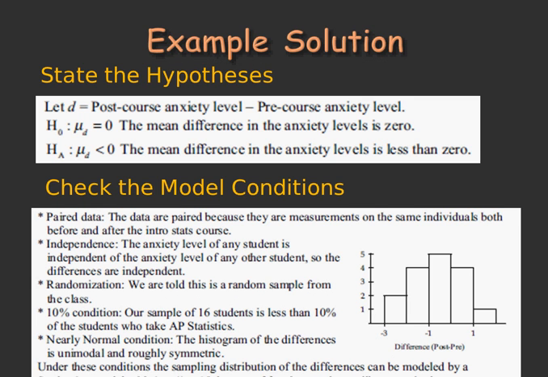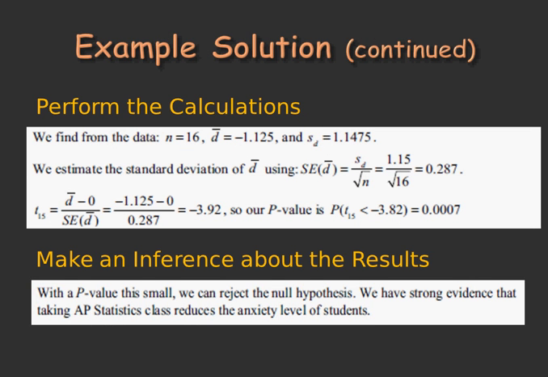So this is a typed version, so a lot of times we handwrite things, obviously, but you can see we make hypothesis statements, and we use notation and language to do that. Then we have to check a variety of conditions, so there's a lot of writing to do, and we use our calculator to create a histogram or some other picture of the data. Finally, we do some computations that tell us what kind of conclusion we can draw.